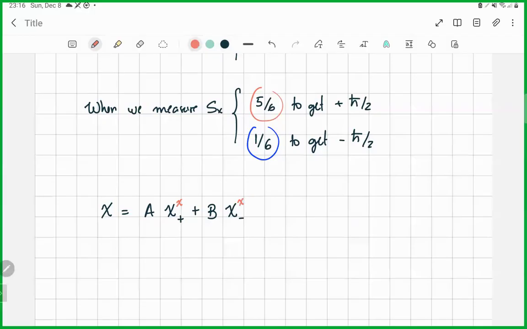So we are trying to find A and B. Well, let's remember what we were doing back in chapter 2 to find these coefficients. When we were writing the wave function as a linear combination of the eigenstates of the Hamiltonian, what were we doing there? So let's remember this.